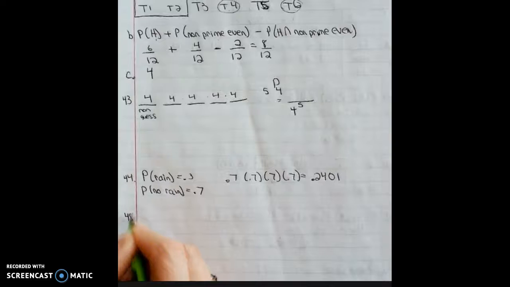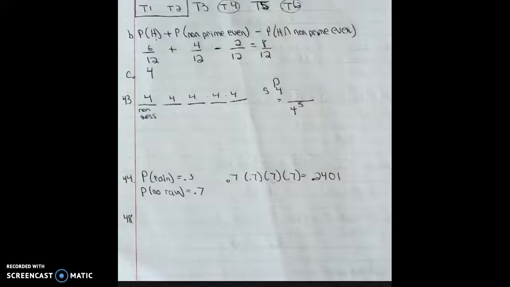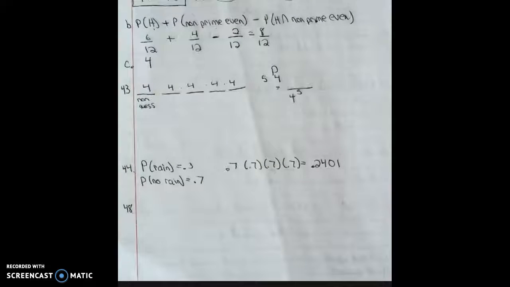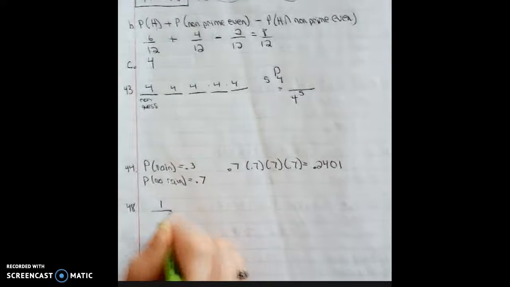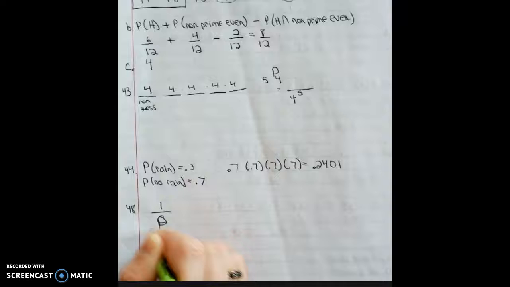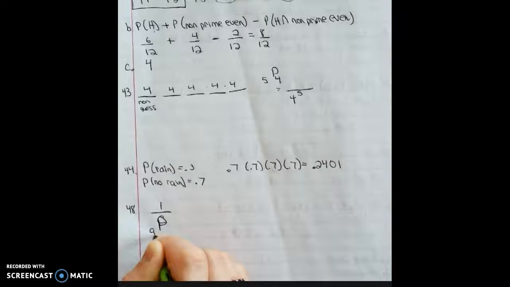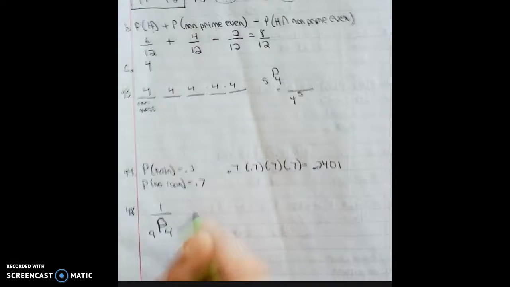Moving on, question number 48. What's the probability of correctly pairing 4 locks with their keys from a box of 9 keys in the first try? So first of all, there's only one time that's going to happen. You've got 9 numbers and we are selecting 4.